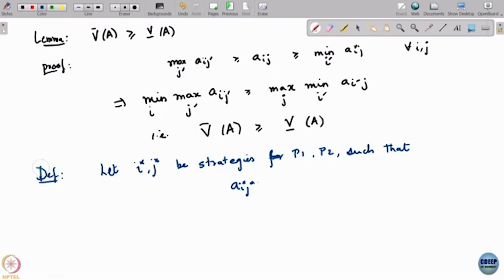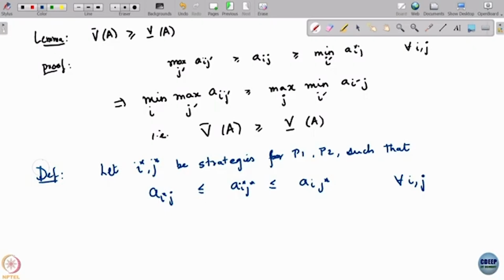You look at A I star j star, what is this quantity here? This quantity is the payoff that the players would get when they each play I star and j star. Let I star j star be a strategy pair such that A I star j star is less than or equal to A I j star and also greater than or equal to A I star j for all I and j. So, what does this mean?